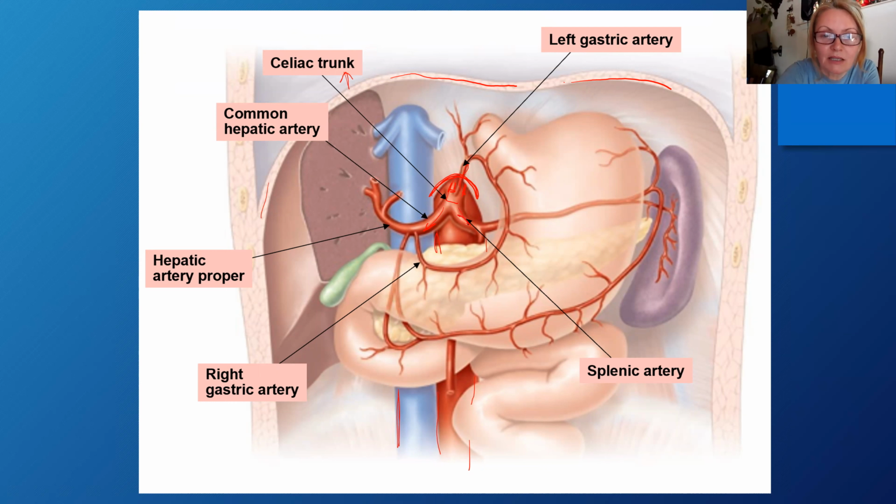So you can see the splenic is going to bring blood to the spleen. The common hepatic then will branch into the right gastric and hepatic artery proper, and that brings blood to the liver. And the left gastric is going to supply the stomach.